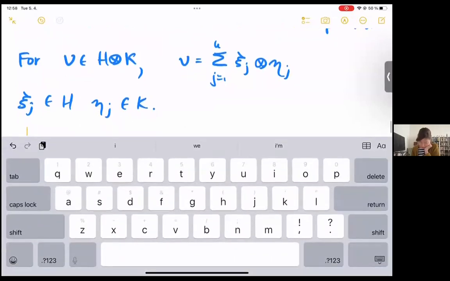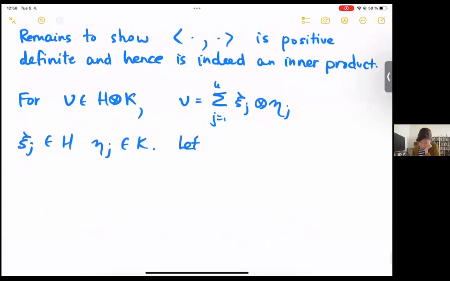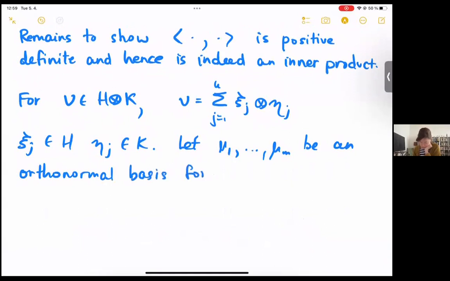Now let mu_1 up to mu_m be an orthonormal basis for K. And in fact, really, we just need it for the span of these eta j's.